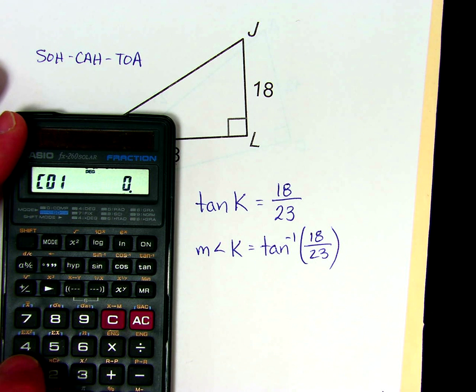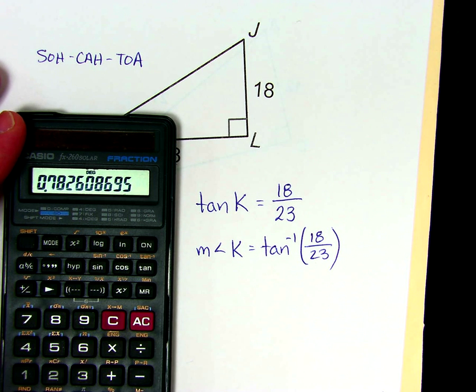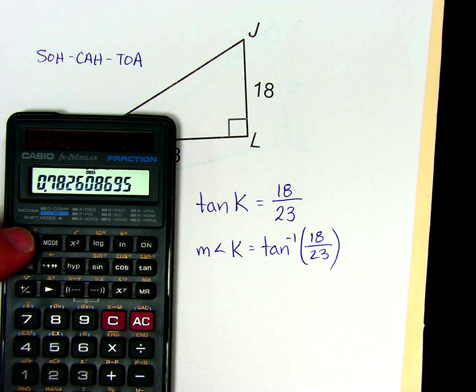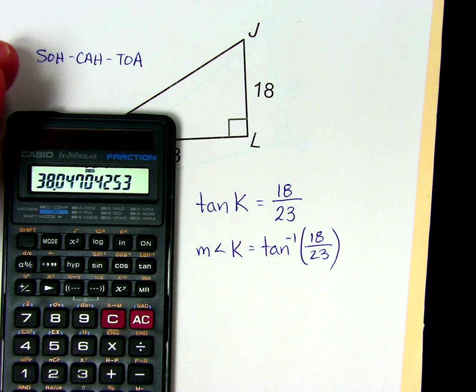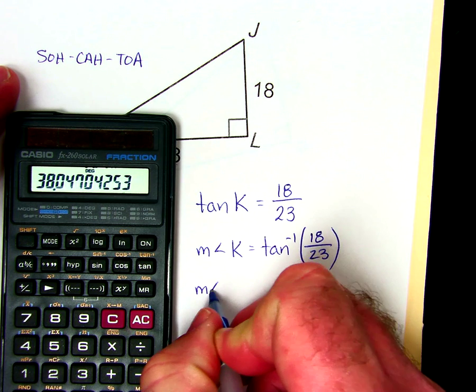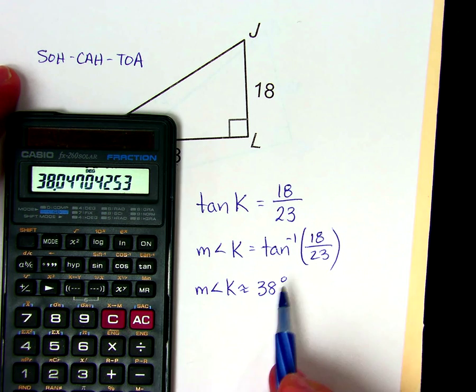So left parenthesis, 18 divided by 23, right parenthesis. Now for this one, it's shift to get the inverse tangent, and we'd have about 38 degrees. So the measure of angle K is approximately 38 degrees. Don't forget your degree symbol.